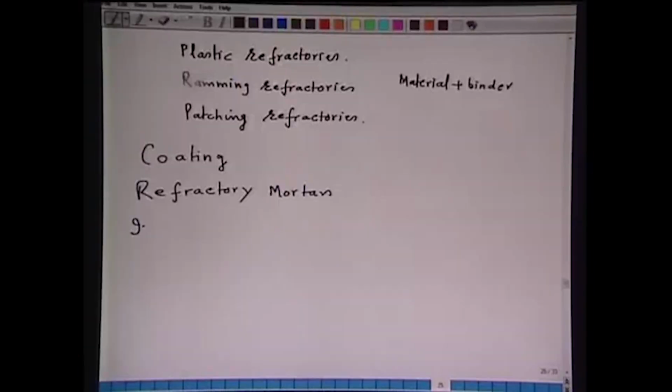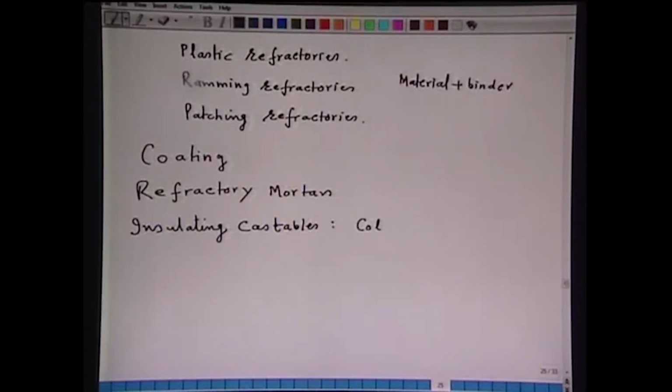Now, say insulating castables. Their main objective is to block the heat transferred from the vessel to the environment. So, their main objective is to provide insulation.